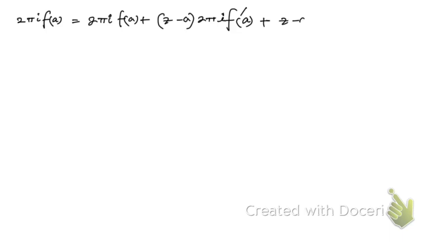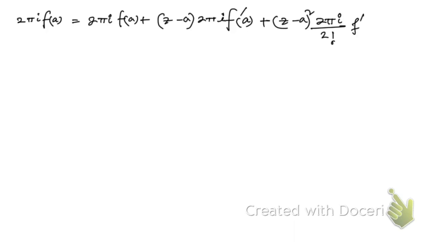Similarly, z minus a whole square, 2 pi I by factorial 2 here. So here we had factorial 1. Factorial 1 means 1, so if you don't write it, that is also okay, no problem there.